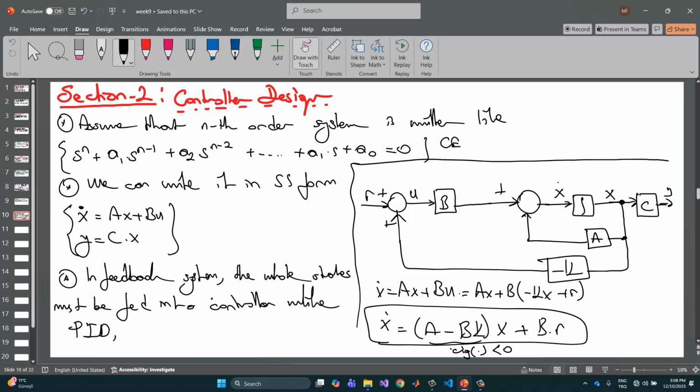And so if we solve this equation, just remember the formula. We can convert the state space into the transfer function one, right?